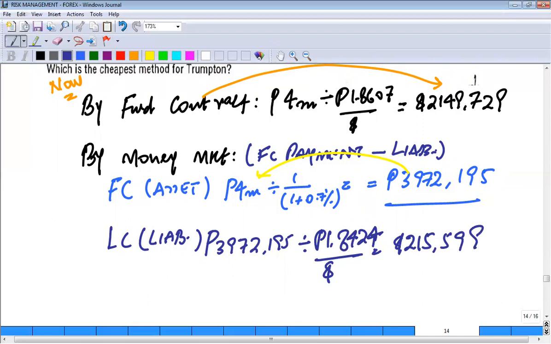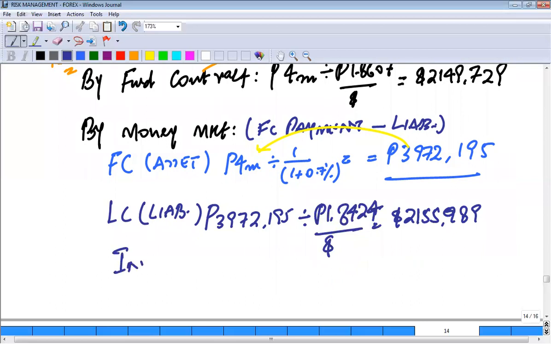So we have to make a loan of 2,155,989. This liability we have to establish and make an interest payment.